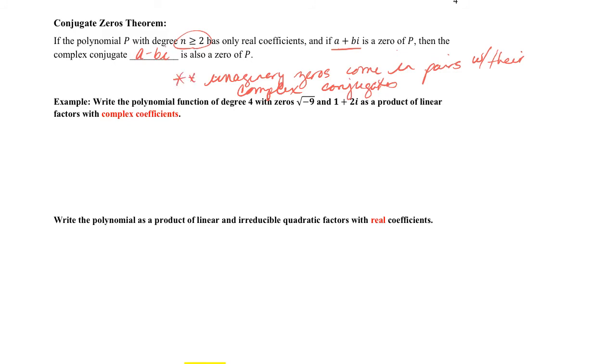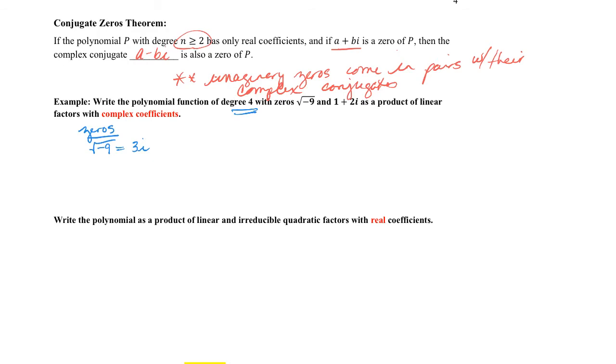Okay, super important. Okay, in our example, we're supposed to write the polynomial function of degree 4, so a 4th degree polynomial. And the zeros are the square root of -9 and 1 + 2i. We're going to write this as a product of linear factors with complex coefficients. Okay, so first off, let's write out our zeros. My zeros are the square root of -9, which is equal to 3i.